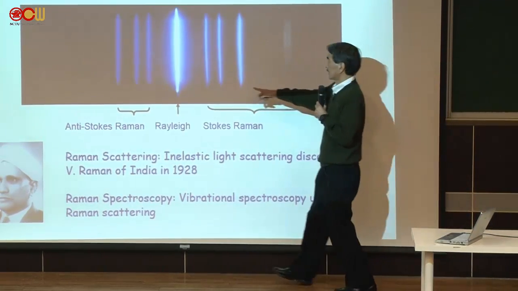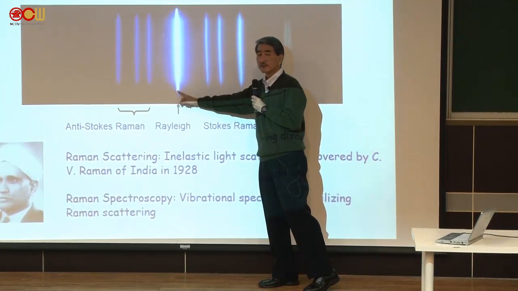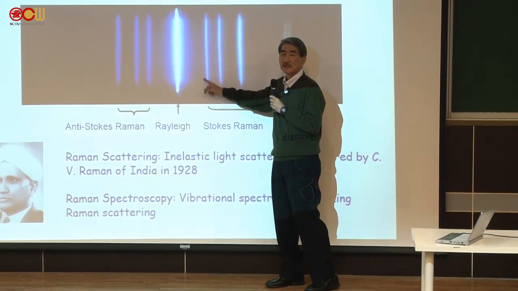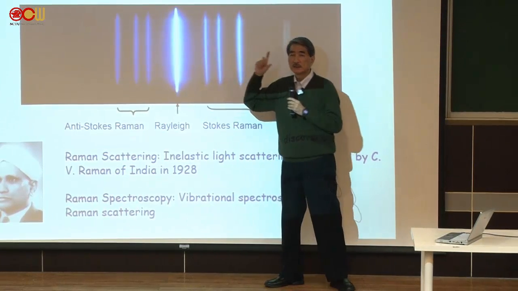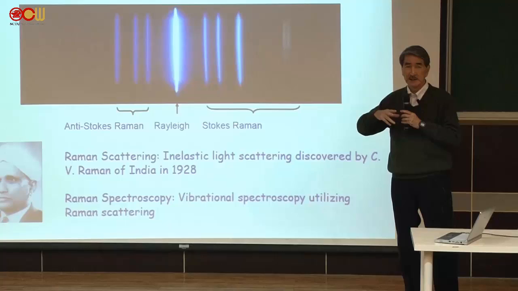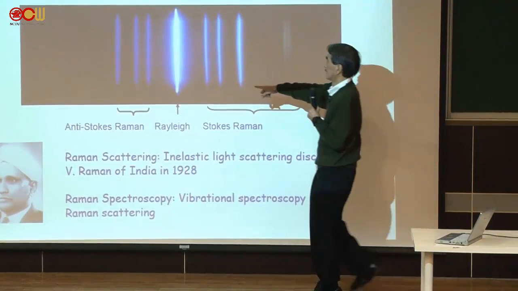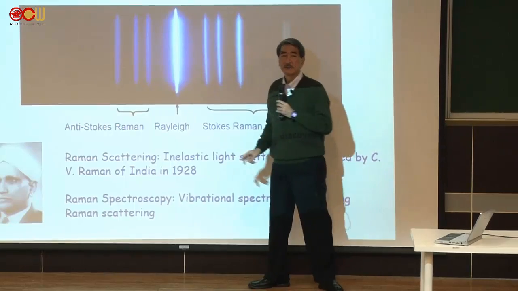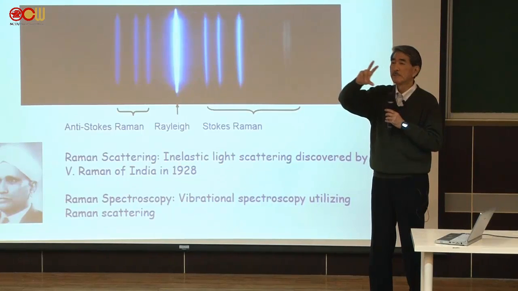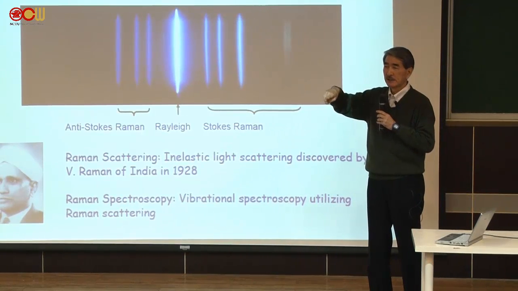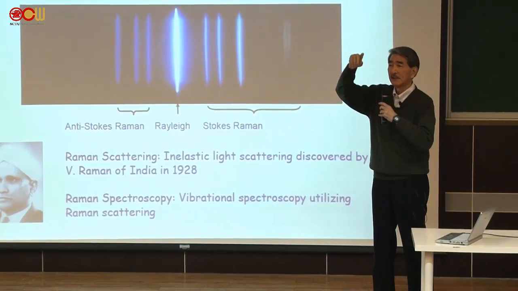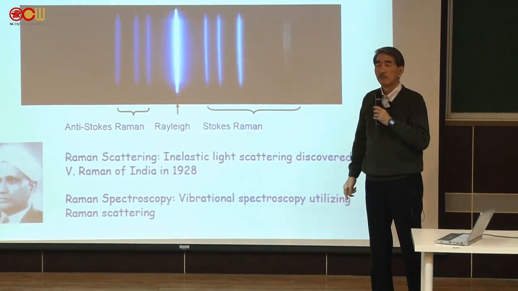So if you measure the energy difference between the original energy at the Rayleigh scattering and the Raman shifted scattering energy, then the energy difference is given to the molecule. That means the molecule can receive that energy. So the energy difference reflects the energy levels in the molecule. Of course, in quantum mechanics, we have discrete energy, and the energy is only given with exactly the same energy as the energy level that the molecule has.